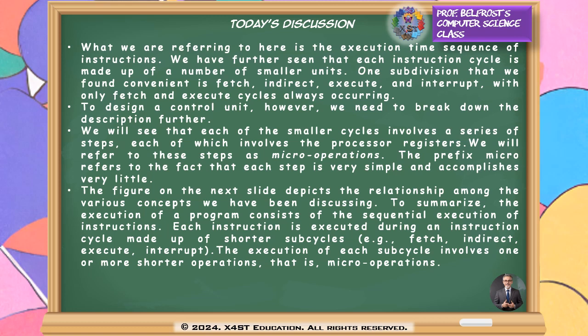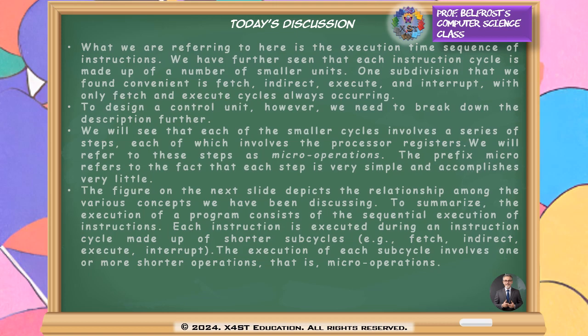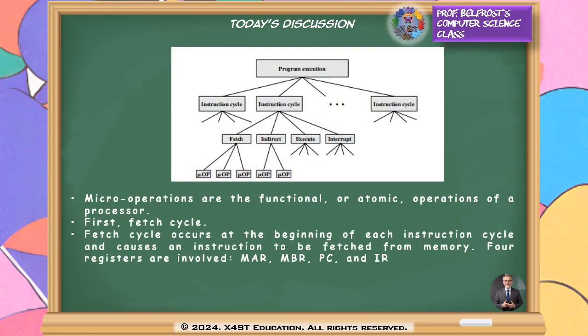To summarize, the execution of a program consists of the sequential execution of instructions. Each instruction is executed during an instruction cycle made up of subcycles called fetch, indirect, execute, and interrupt. The execution of each subcycle involves one or more operations, called micro-operations. This is the figure. You may take a screenshot if necessary.